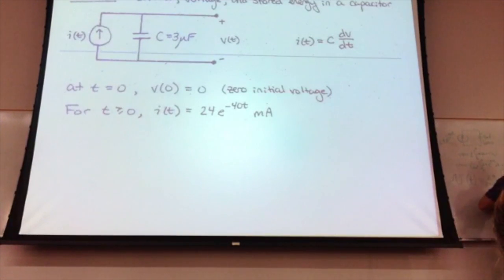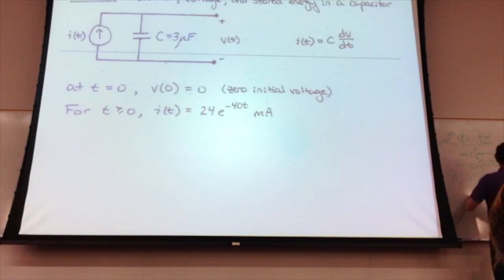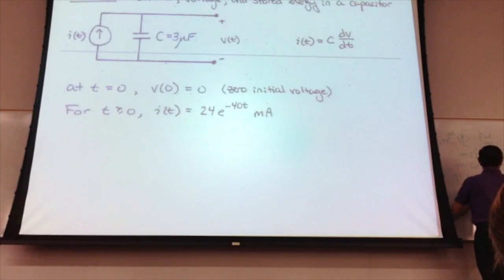E to the AT times 10. Actually, I need to do it up here. Right in here should be a times 10 to the minus 3. So then that gets factored here. I could do this then. This will be 24 times 10 to the minus 3.